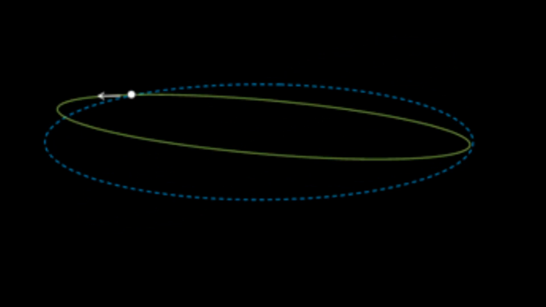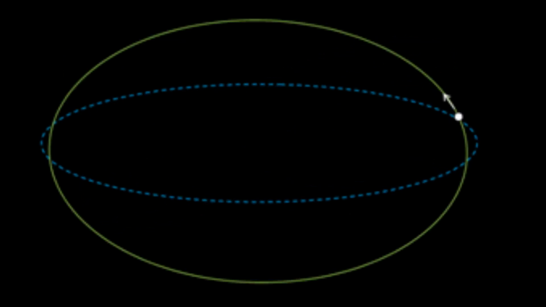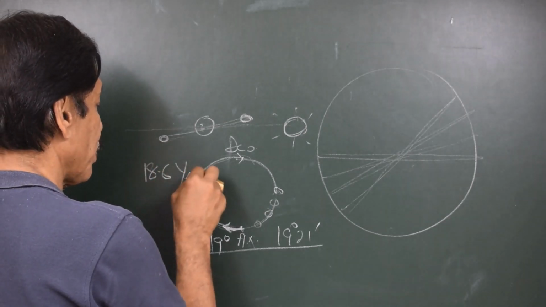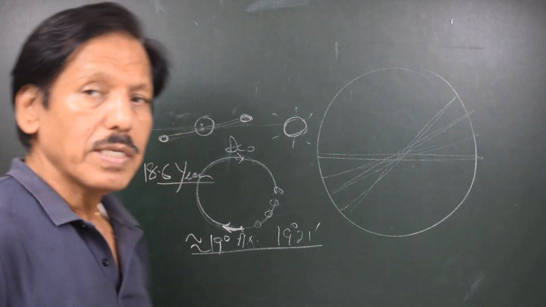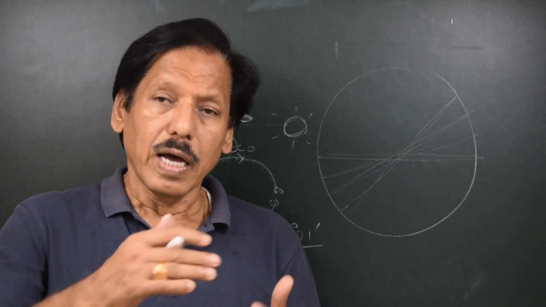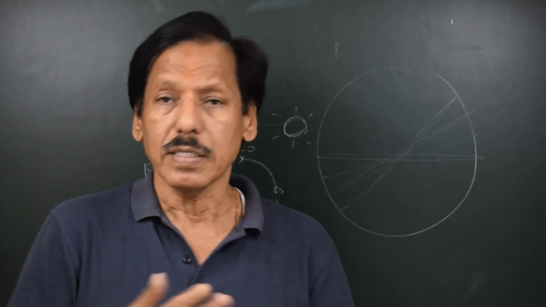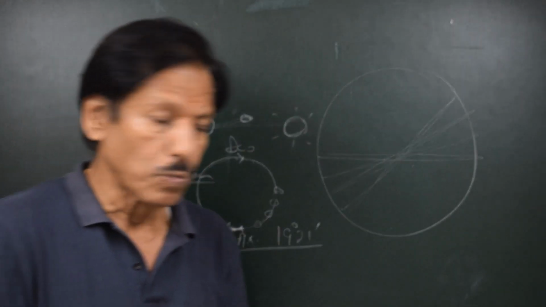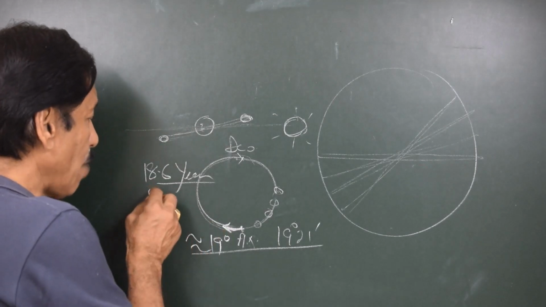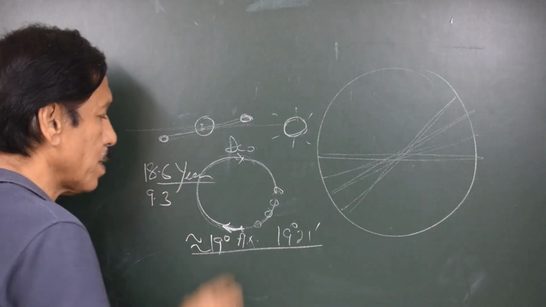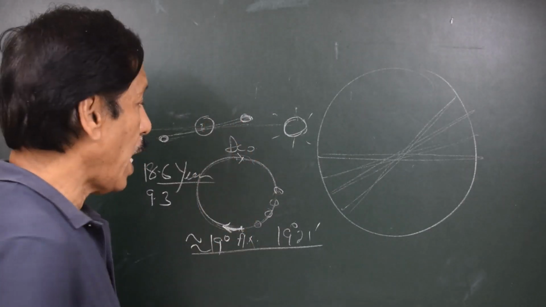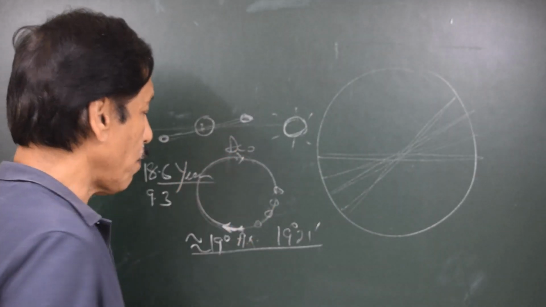The ascending node, starting from a fixed point, comes back to the same point in about 18.6 years. So 18.6 years is the period whereby the ascending node, having regressed the complete 360 degrees westwardly, comes back to the original position, which means that after half of this period, 9.3 years, the ascending node will take the position of the descending node, and the descending node will take the position of the ascending node.